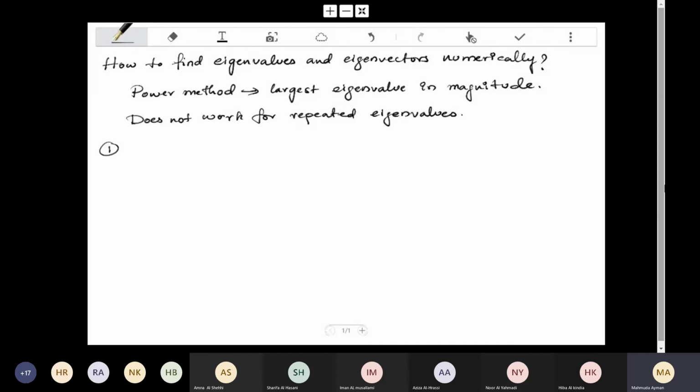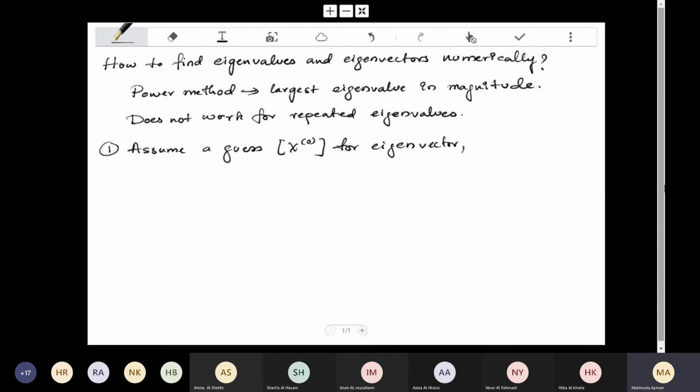Let's assume a guess x0 for the eigenvector.